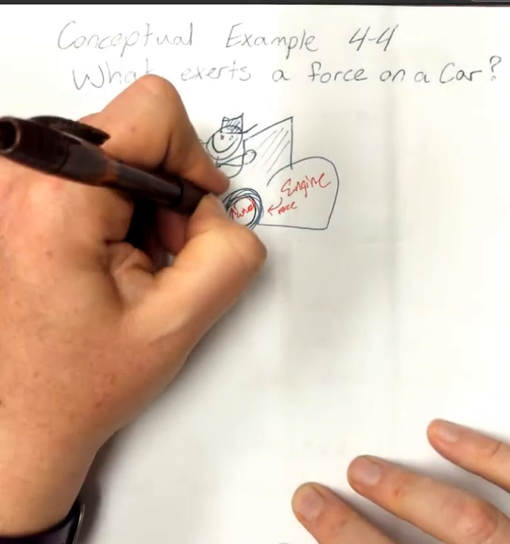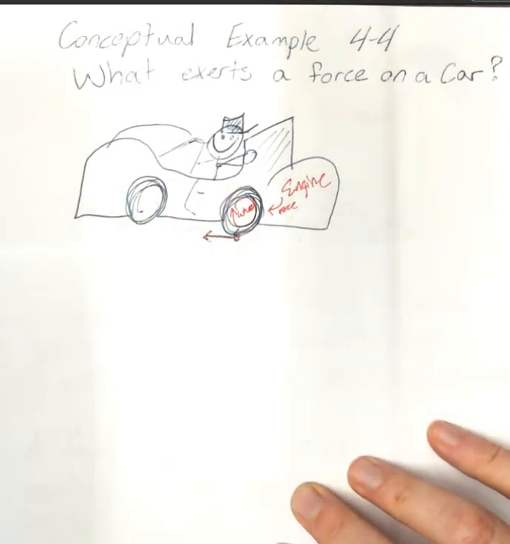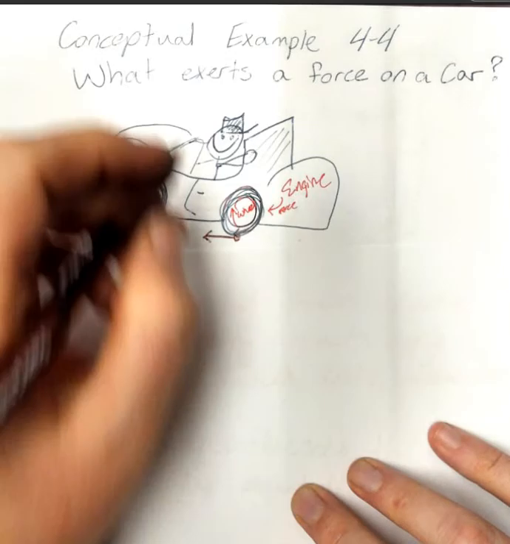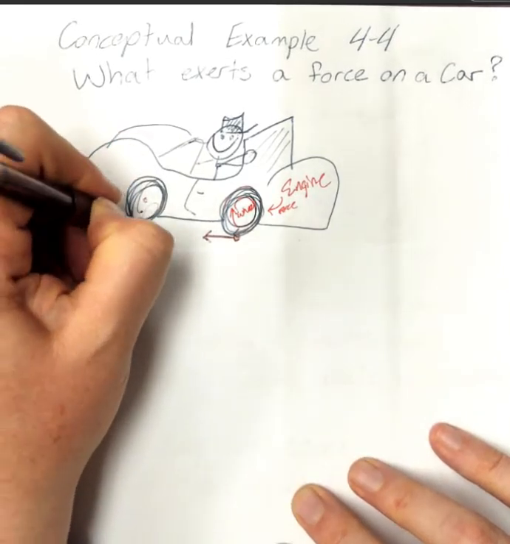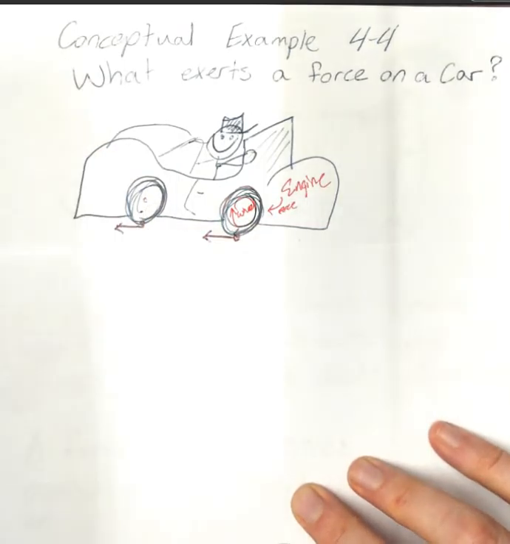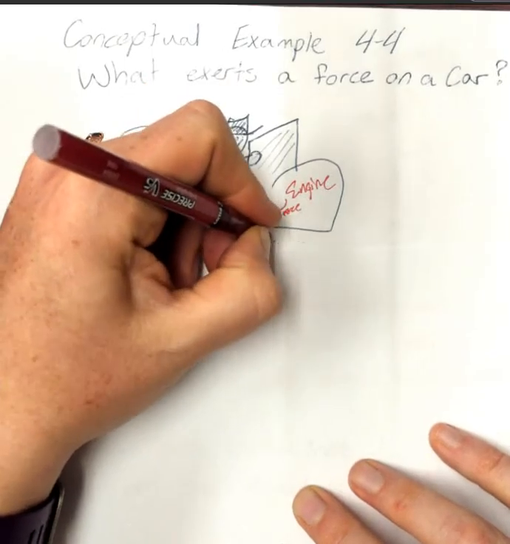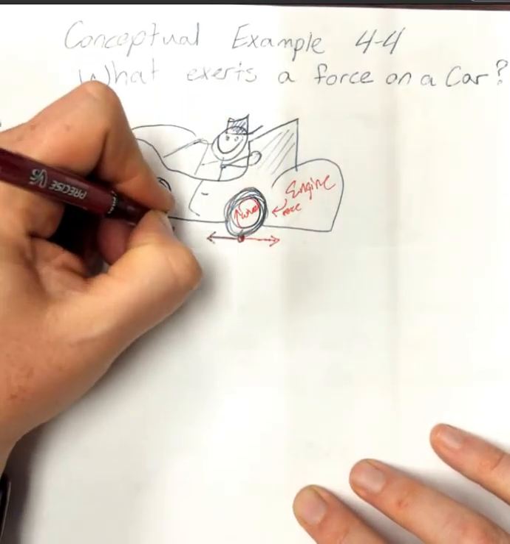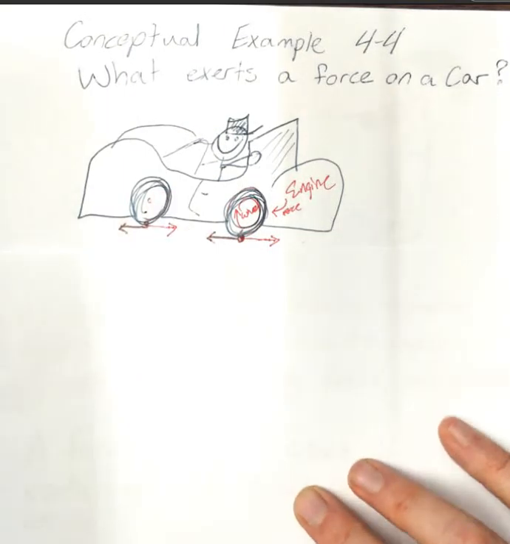As the wheel turns, the portion of the wheel that's in contact with the ground applies a backward force on the ground. If you've got four-wheel drive, it happens in both situations. The wheel applies a backward force on the ground. As a result, the ground applies an equal and opposite force on the wheels, causing the car to accelerate forward.